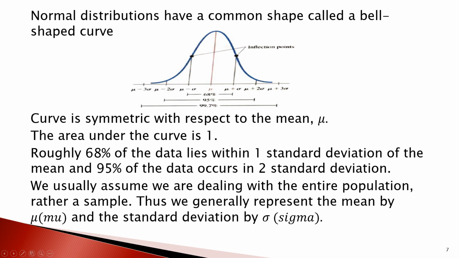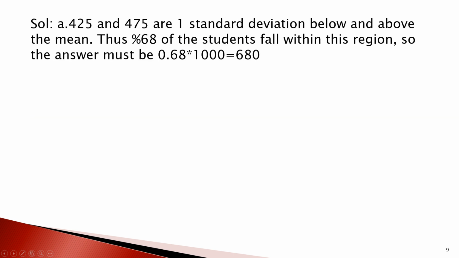If you go back to the previous slide, we know that 68% of the data should be there. So since we have 1000 students, 68% of them will fall within that region.